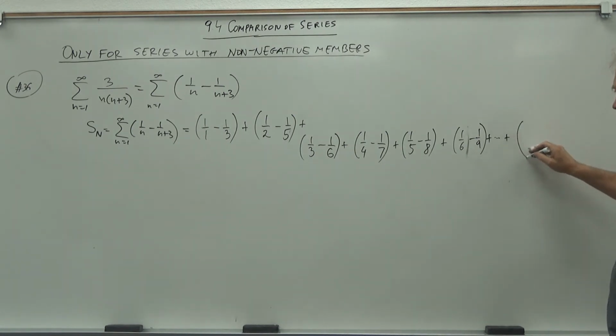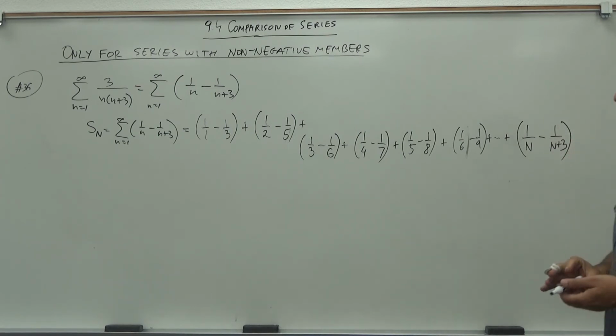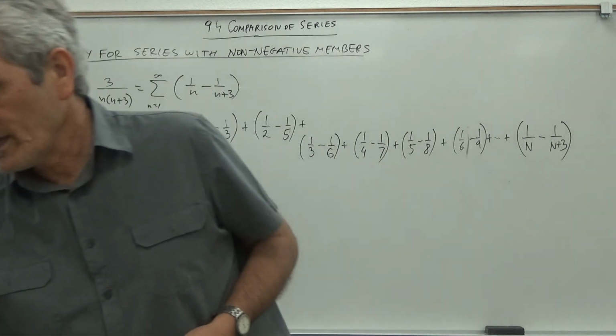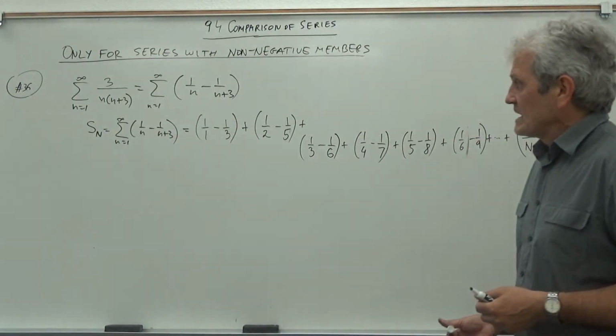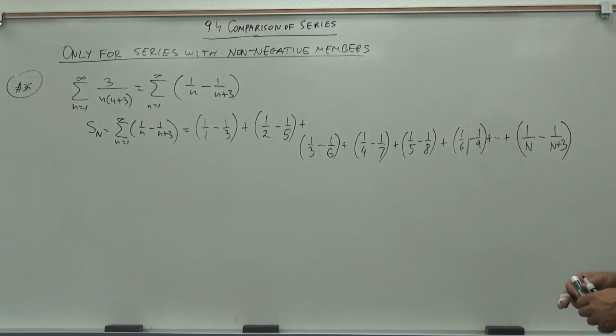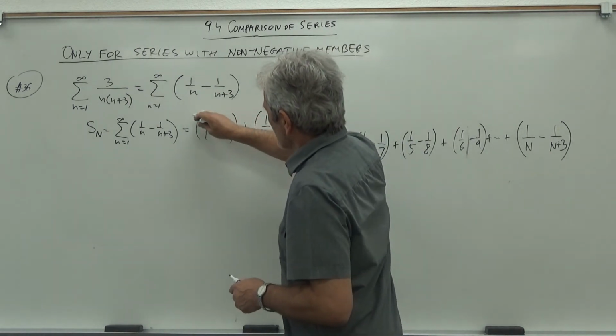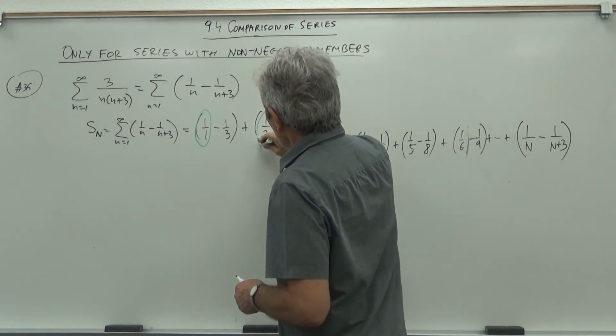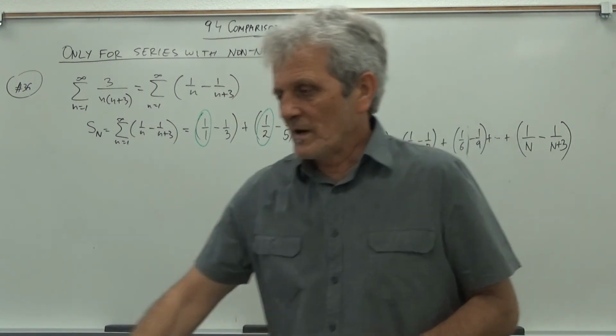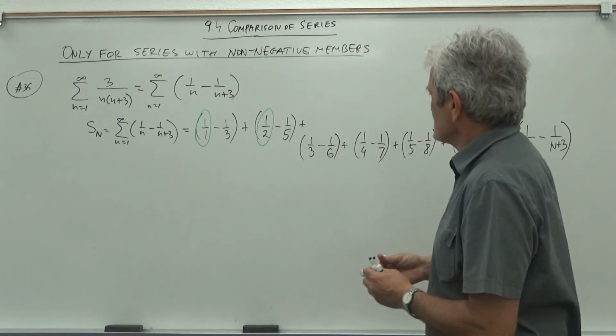And what do we get at the end? We get 1 over n minus 1 over n plus 3. So what happens? We actually have cancellation again, but cancellation doesn't happen immediately like a minute ago. So here it is. 1 really never gets canceled, so 1 stays. 1/2 also never gets canceled, but 1/3 gets canceled.